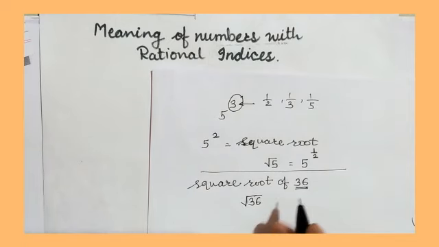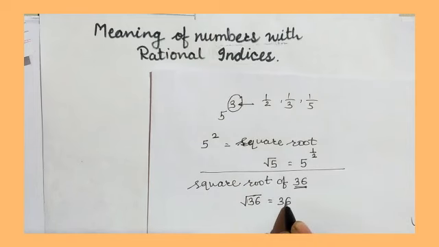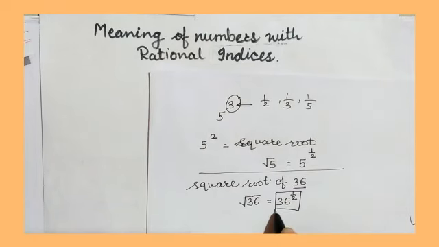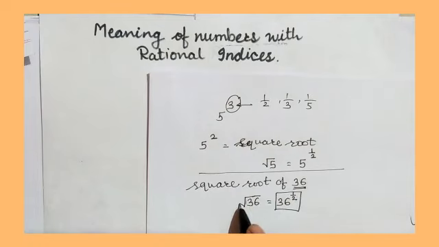In the same way, we can write 36 as it is, and at the index place we write 1 upon 2. So the meaning is that 36 raised to 1 upon 2 and the square root of 36 are equal or the same.